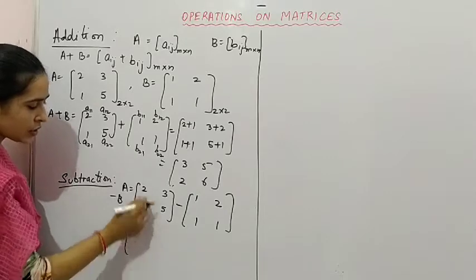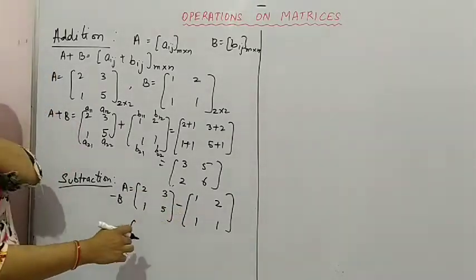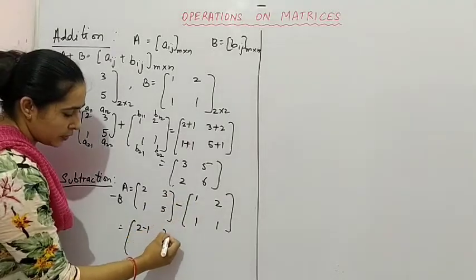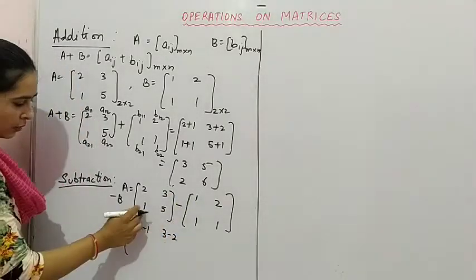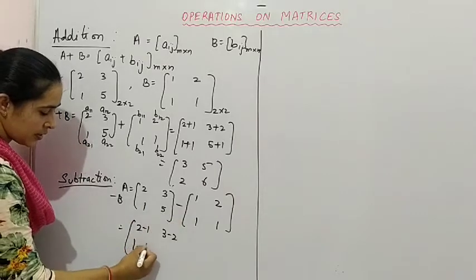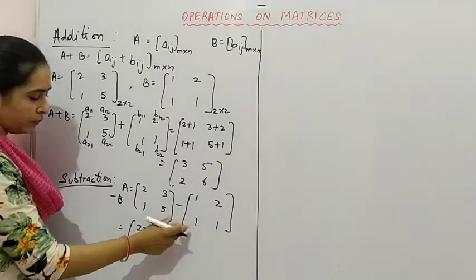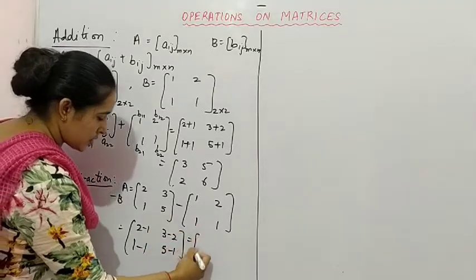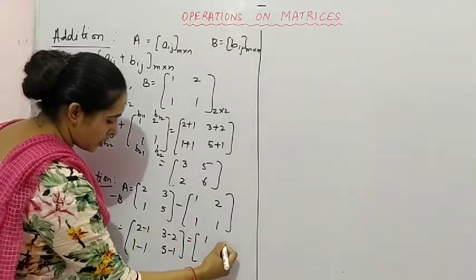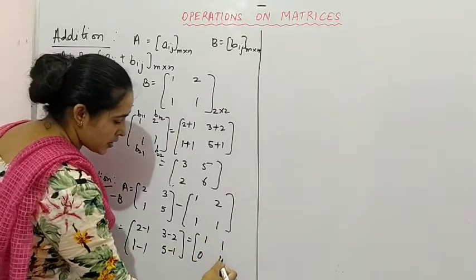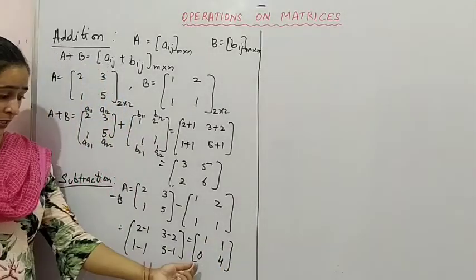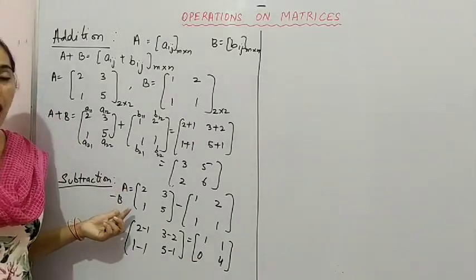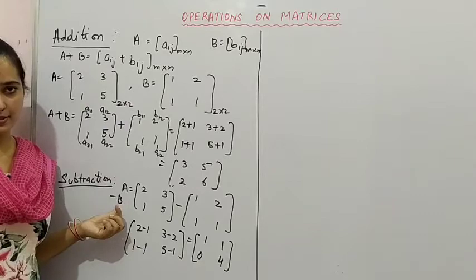So we shall write 2 minus 1, that is 3 minus 2, that will be the second element. 1 minus 1, second row, first column, second row, second column. So this is 2 minus 1 is 1, 3 minus 2 is 1, 1 minus 1 is 0, 5 minus 1 is 4. This is the answer of matrix A minus matrix B. This is how you can subtract two matrices.